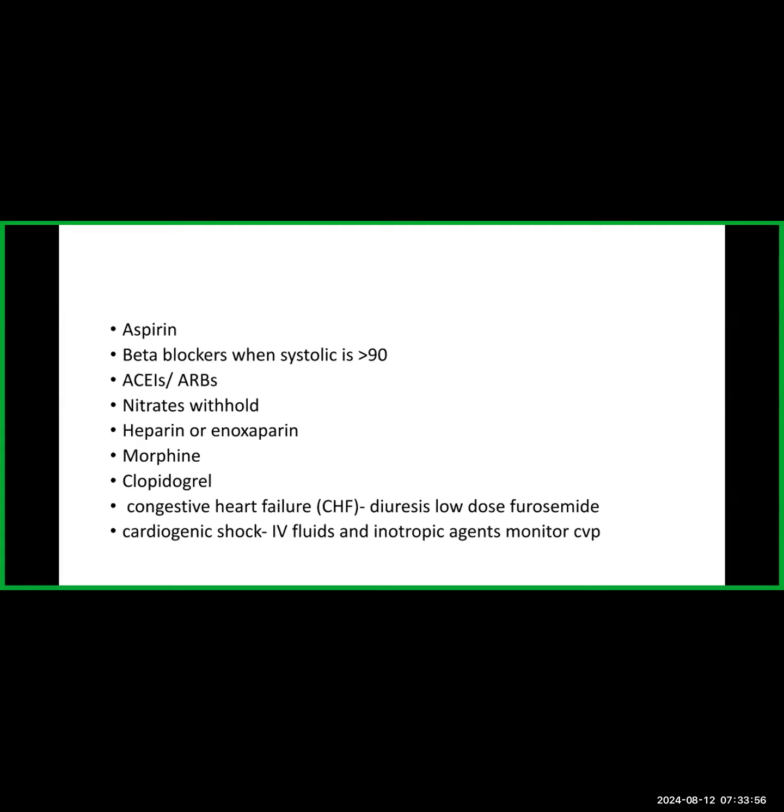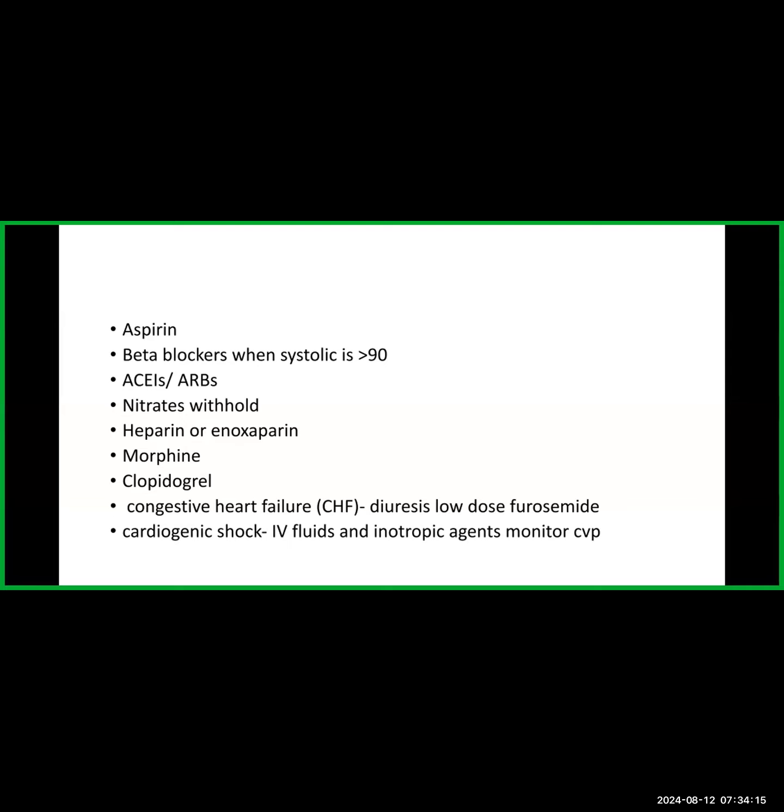So low dose diuretics can be given. Inotropes can come into play. Fluids can also be given, but however, you need to be cautious, and the central venous pressure has to be monitored.